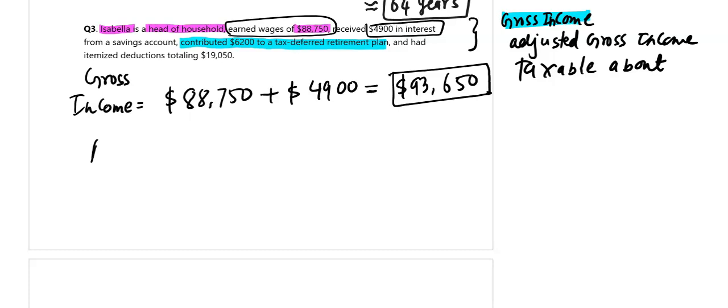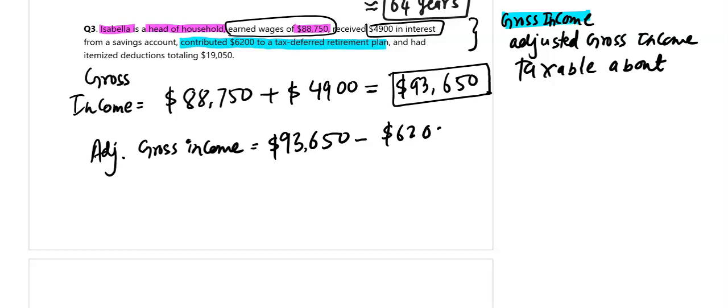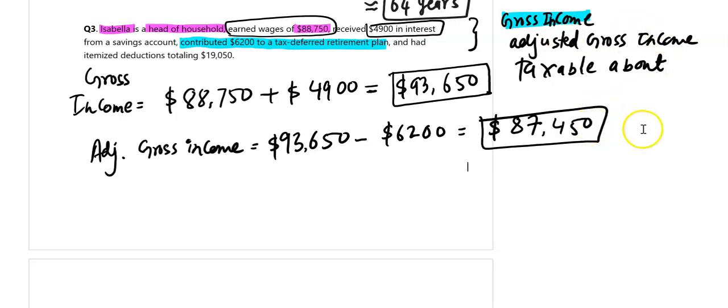So to find the adjusted gross income, you subtract 6,200 from 93,650, minus 6,200. Whatever you get, this is going to be 87,450. That is the adjusted gross income. Okay, we found the adjusted gross income.